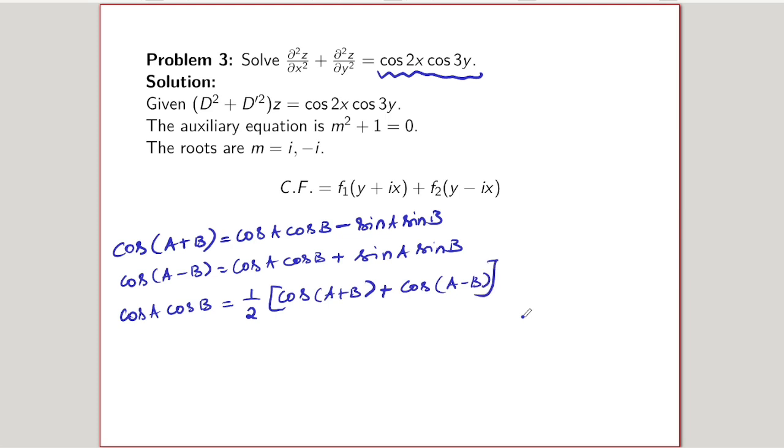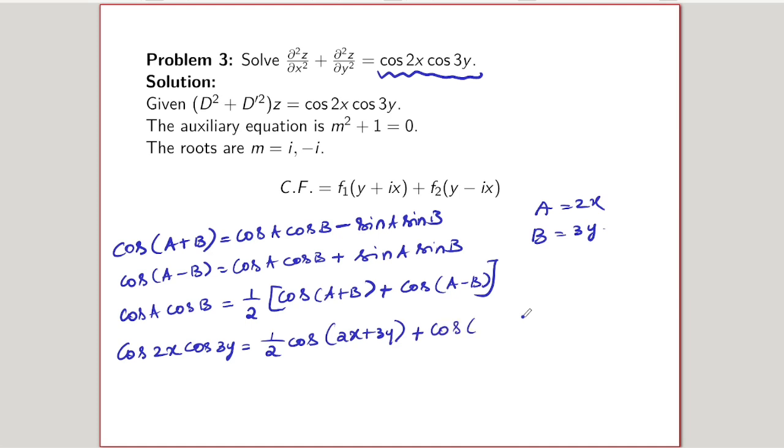Here comparing this with our question, we can take A as 2x and B as 3y. So we get cos 2x cos 3y as 1 by 2 times [cos(2x+3y) plus cos(2x-3y)].